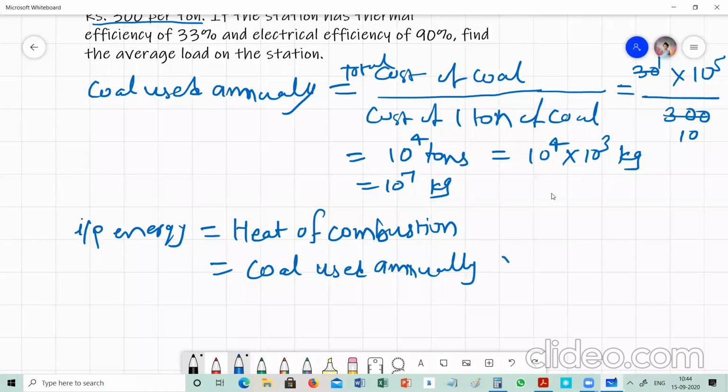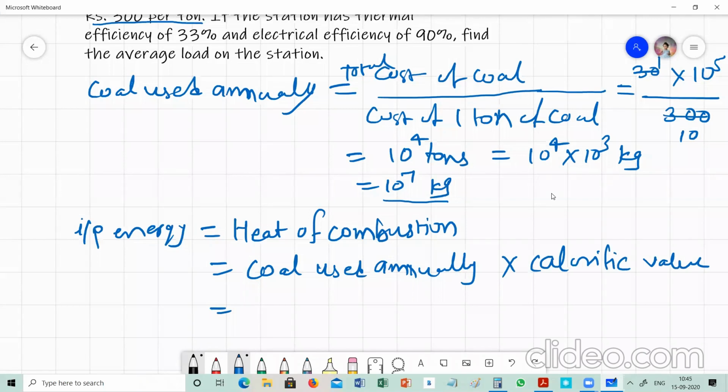Calorific value means by burning 1 kilogram of coal, how much energy is released. So by burning 10 raised to 7 kilogram of coal, the energy released is the input energy or heat of combustion.